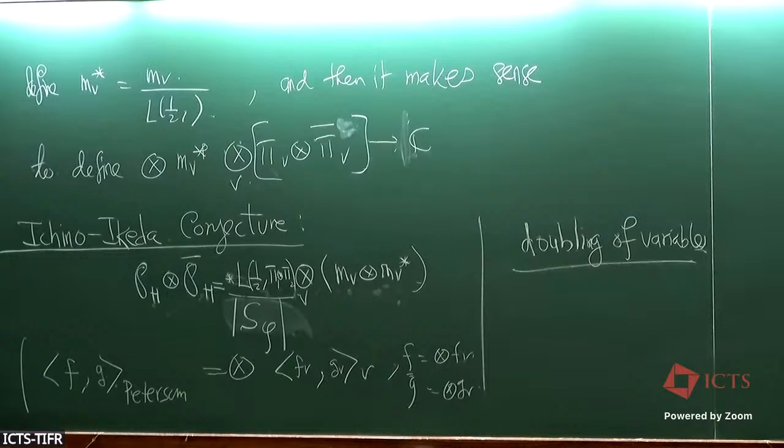Since there is multiplicity 1, they are related by a constant, and that constant of proportionality is an L value. That was the conjecture of Ichino and Ikeda. No, we are always looking at L half.